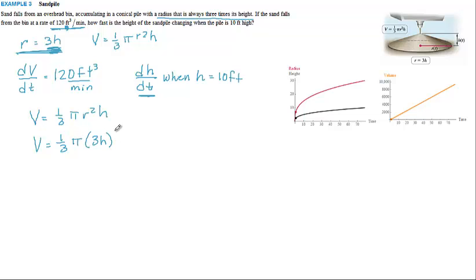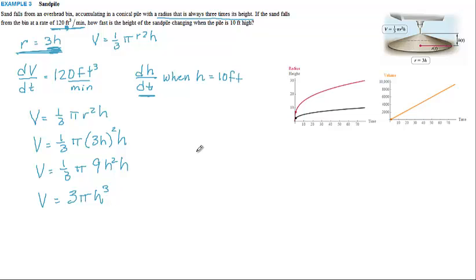I'm going to substitute that in for r so I can have everything in terms of just h's and V's, because that's what I really have information about. So volume is 1/3 pi times 9h squared times h. Cleaning that up, volume is 3 pi h cubed. Okay, now that's clean.